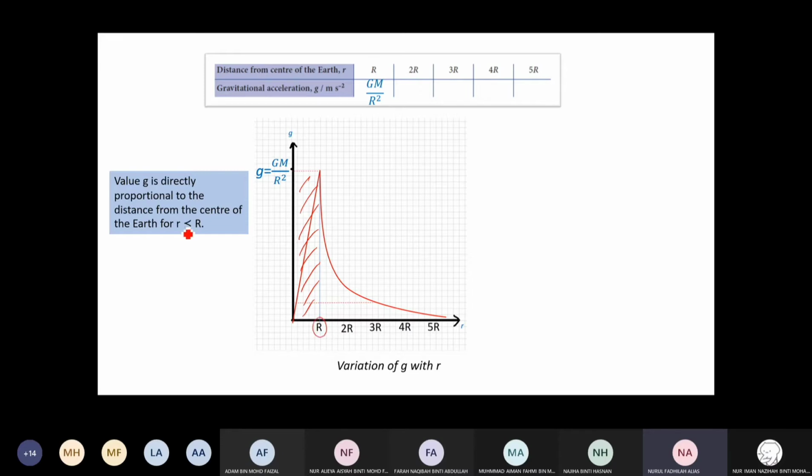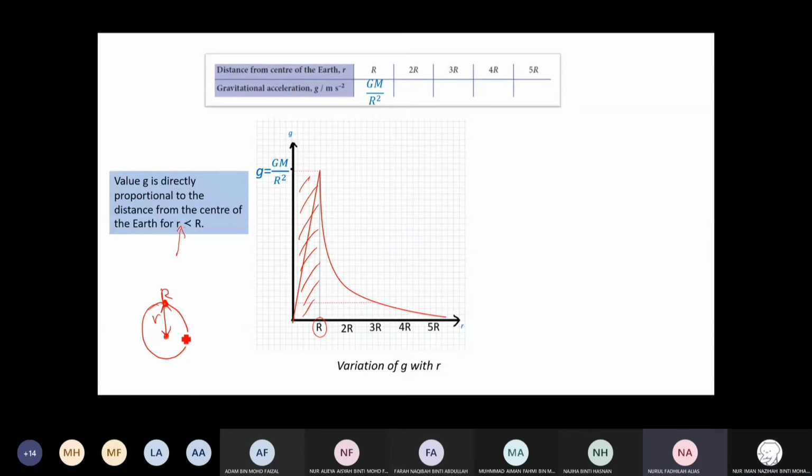For R, what is R? R is radius. Where is this? So if this is the earth, this is the radius of the earth. So R is this point here. R is on the surface of the earth. Do you understand the graph? It means the value is directly proportional.